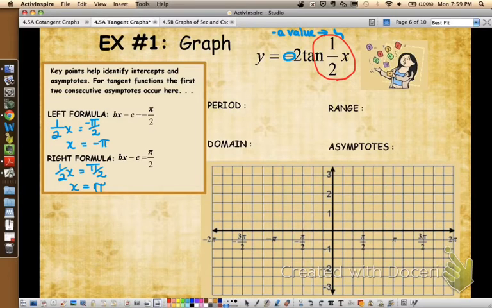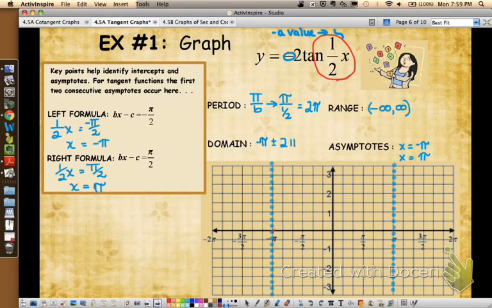And the reason this is switched is because the value of b is actually 1/2, and so that stretched the period to 2 pi. And as noted, the range is always going to be from negative infinity to positive infinity.